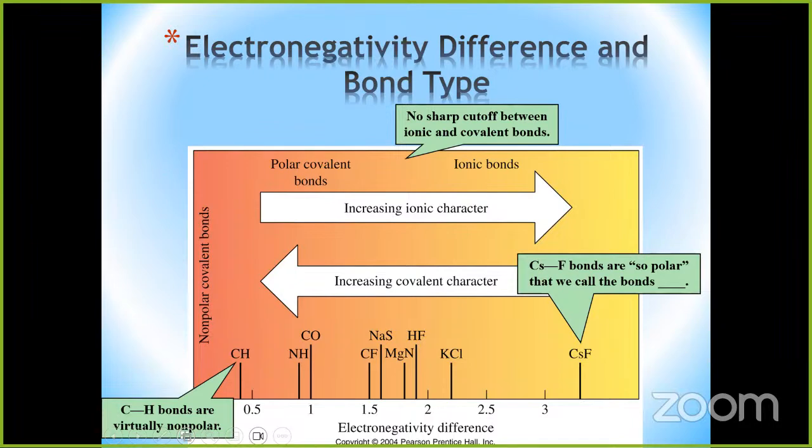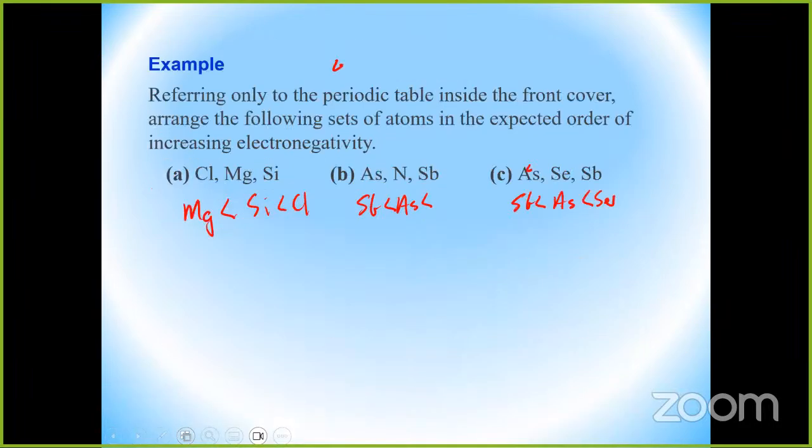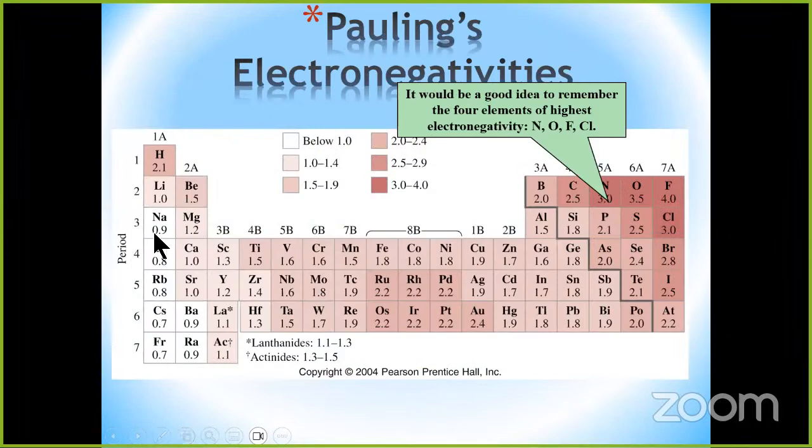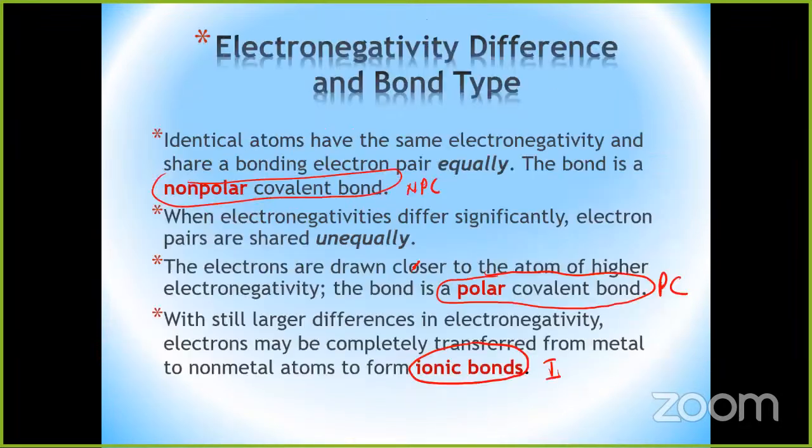Hydrogen is 2.1 and carbon is 2.5. That's relatively close, so even though they're not exactly the same, for most intents and purposes we consider that bond to be nonpolar.